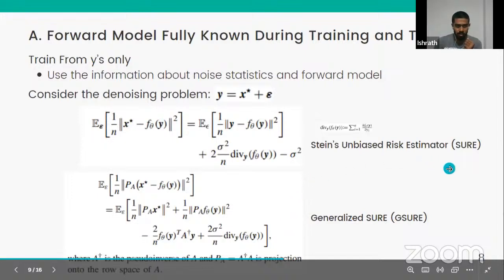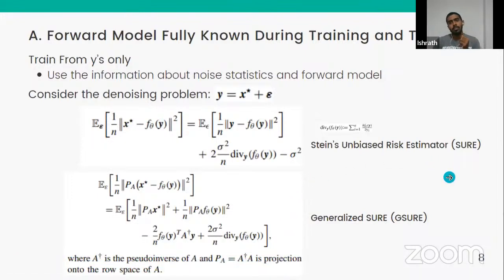So the cons of this approach can be, first of all, we have to know the noise statistics, otherwise we cannot model this equation. And the next thing is we don't have any prior knowledge of the ground truth signals or ground truth images.